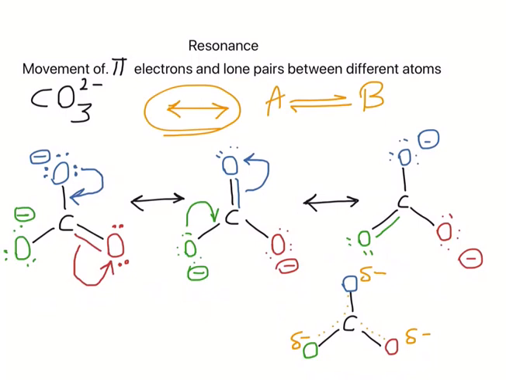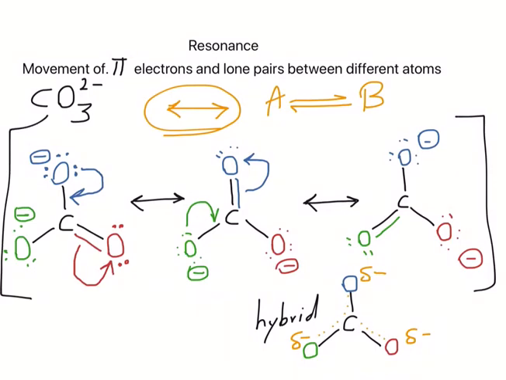Okay, so this is the resonance hybrid. The real structure of carbonate is this structure. These resonance forms that we draw are the extreme forms. So they don't really exist, and the real structure again is the resonance hybrid. And we should put the resonance forms in a bracket.